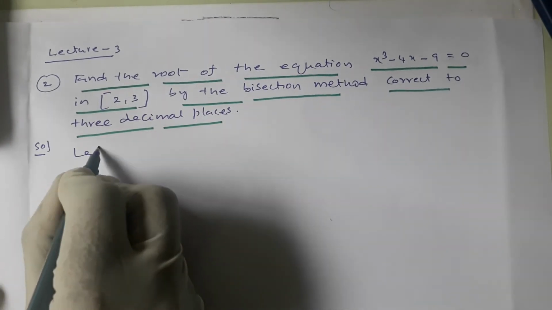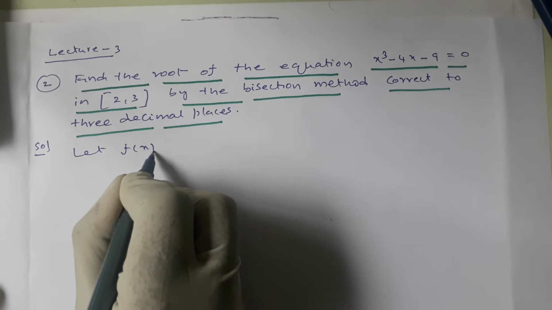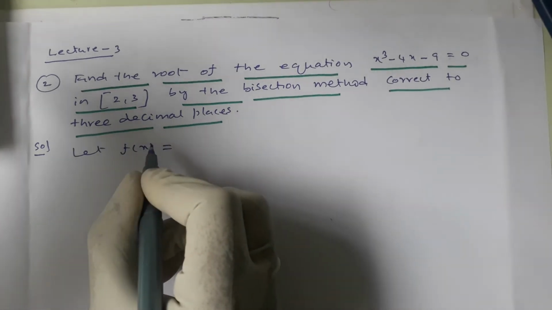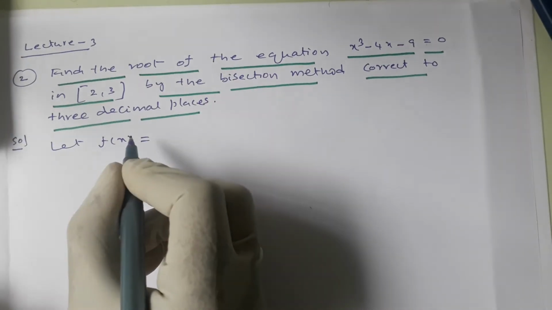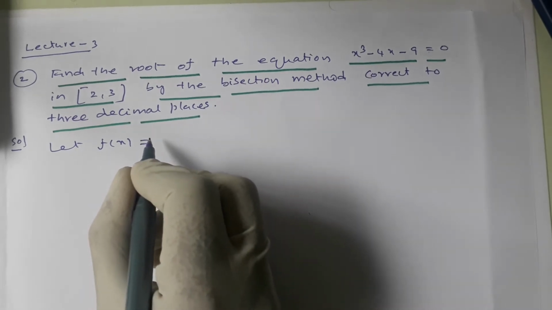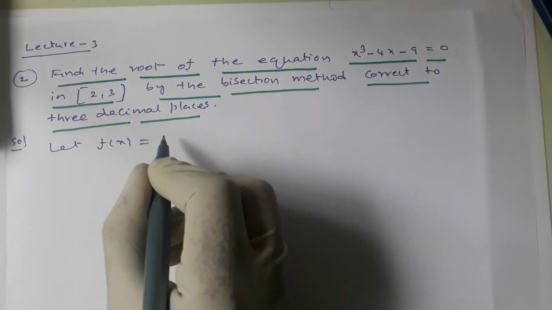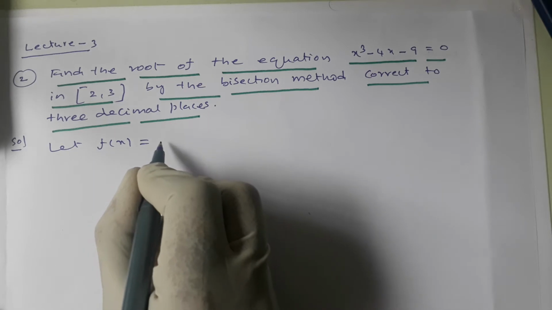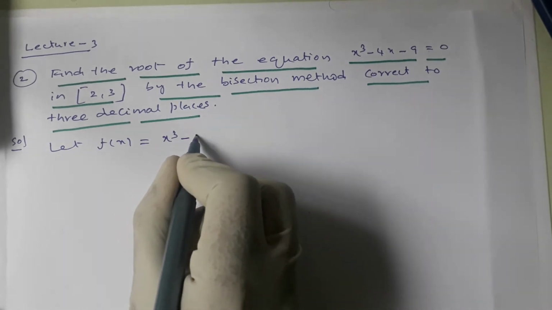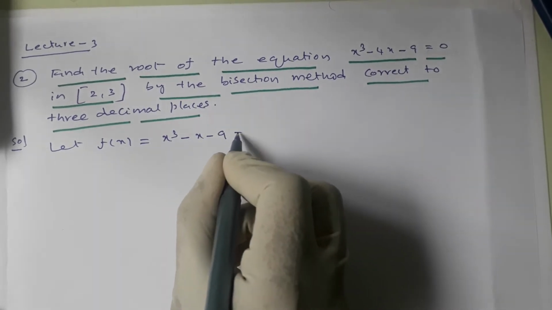Next, let f of x be equal to x cube minus 4x minus 9 equal to 0. The procedure is the same as we applied in problem 1, because it is by the bisection method.